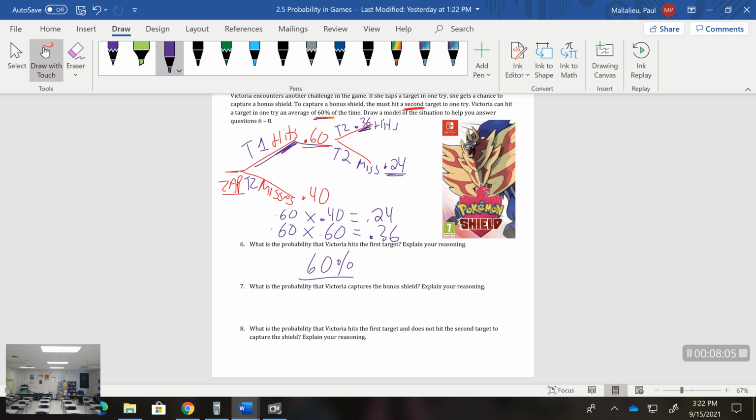So we hit target 1, we had a 60% chance, hit target 2, so we are at 36%, or 0.36. What's the probability that Victoria hits the first target but does not hit the second target, and sadly does not capture the shield? So she hits the first one, boom, 60, but then misses the second one, and is so sad because she did not capture the shield, but it's at 24%.